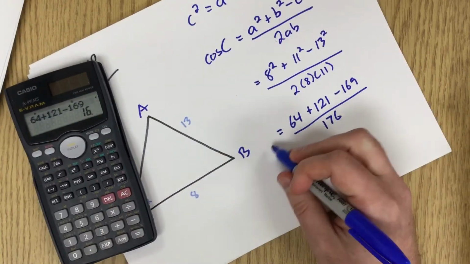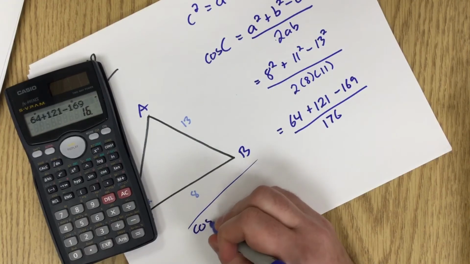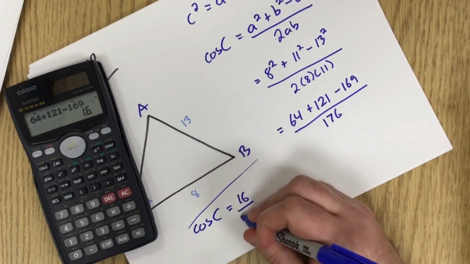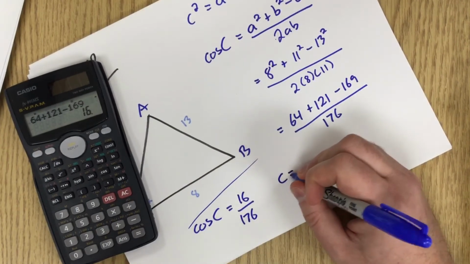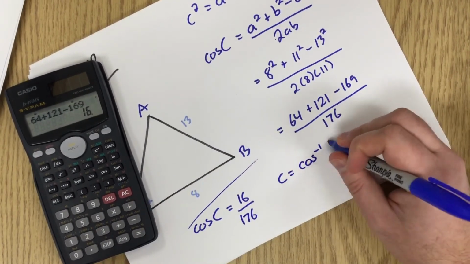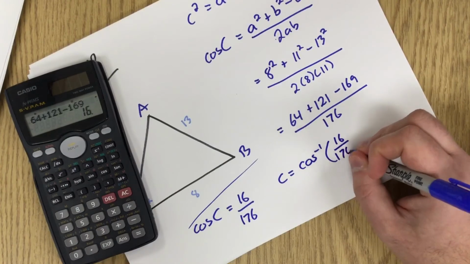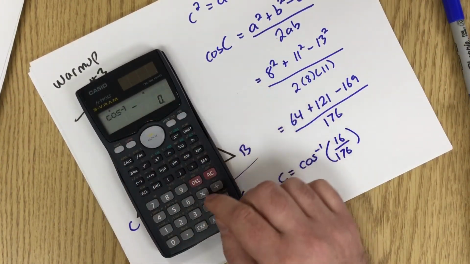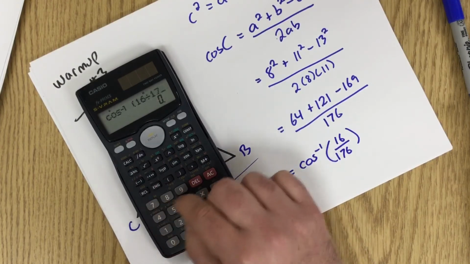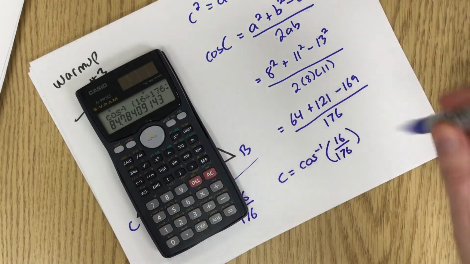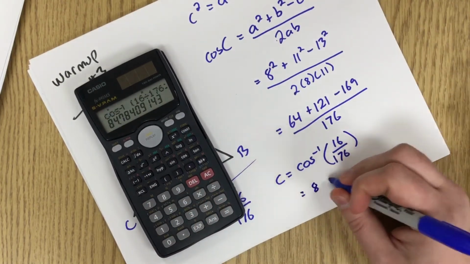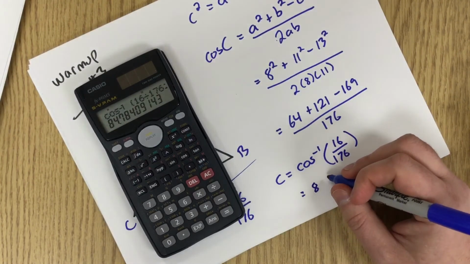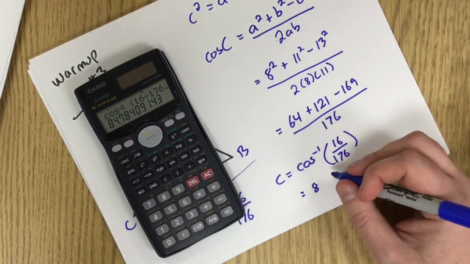So what we end up with is cos of c is 16 over 176. So c equals the inverse cos of 16 over 176. And the inverse cos of 16 divided by 176 is 84.78.